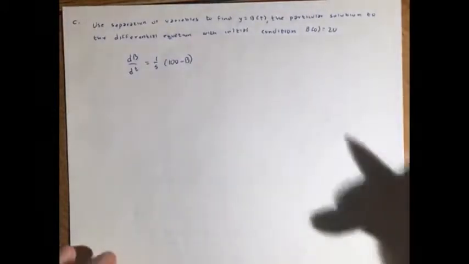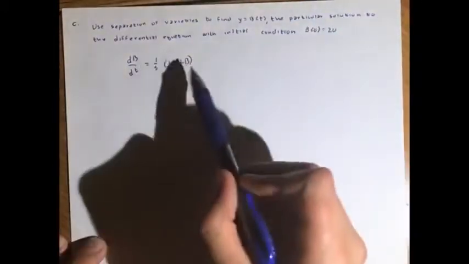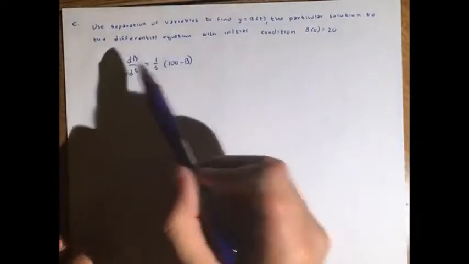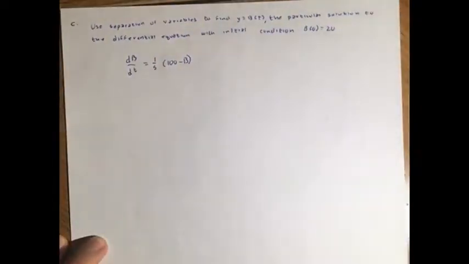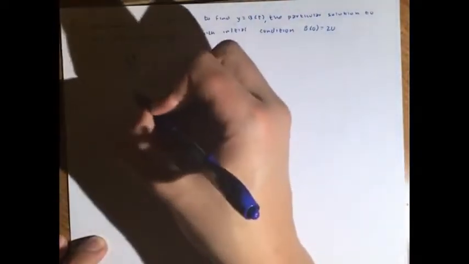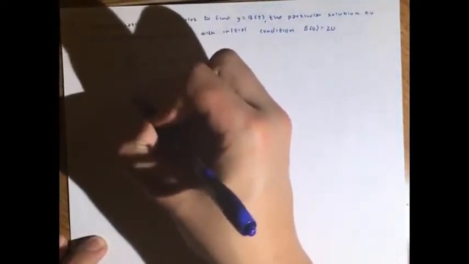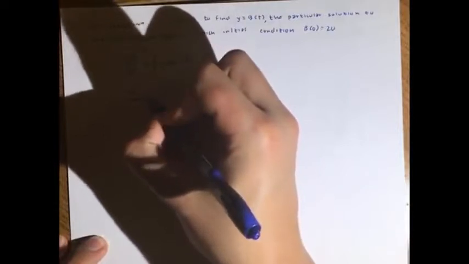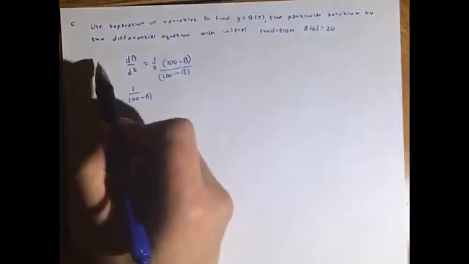So remember, what we do is we send the b over to the other side where the other b is. So we would get 1 over 100 minus b, because we divide it out. We divide it out in order to get it over to this side.